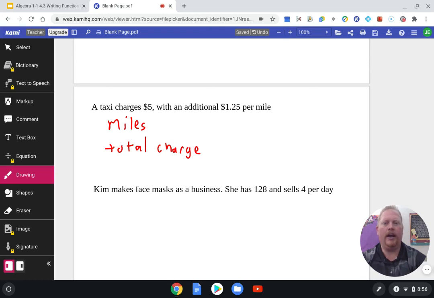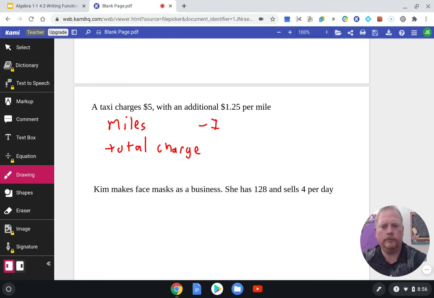Now, something else I want to do during these story problems is not only write the equation, I want to identify what's the independent and dependent variable. Okay? So which thing happens first, which causes the other thing to change? So if I'm getting into a taxi, do I go the miles first and that causes the price to change? Or does the price change in order to fit the miles? Well, anyone who's been in a taxi knows that you drive first and then you pay.